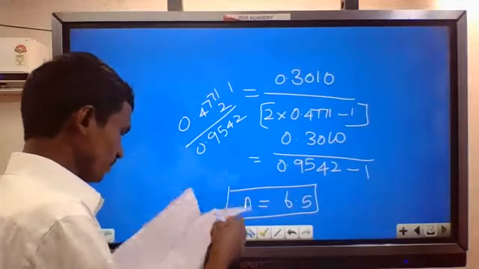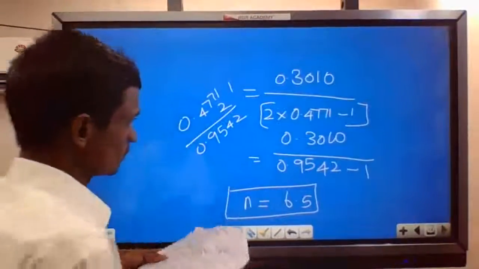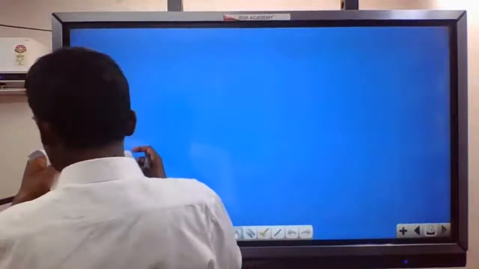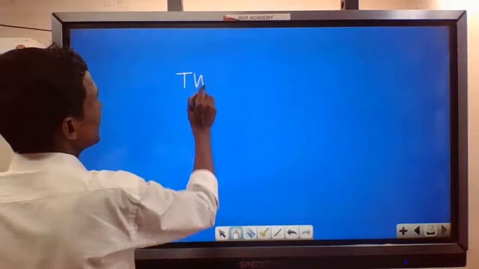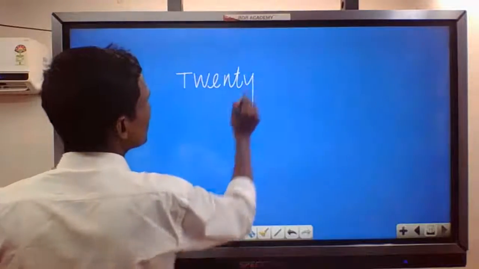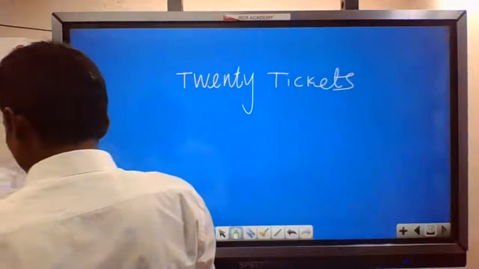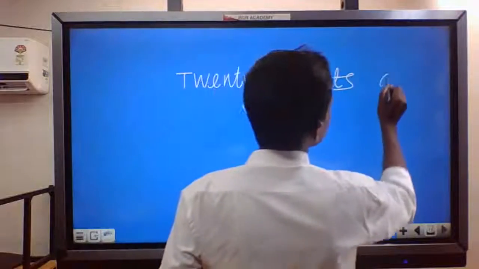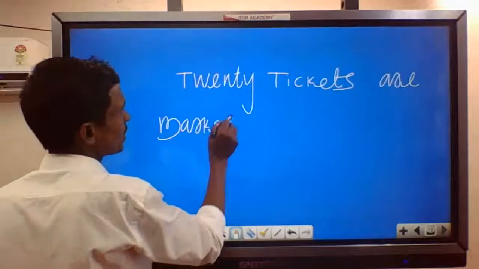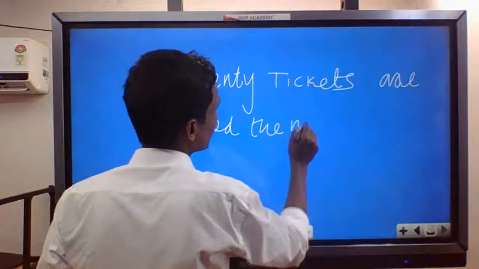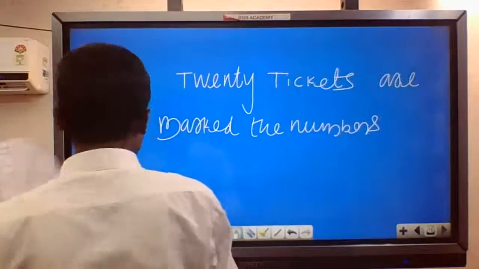The next problem. 20 tickets are marked with the numbers 1, 2, up to 20.